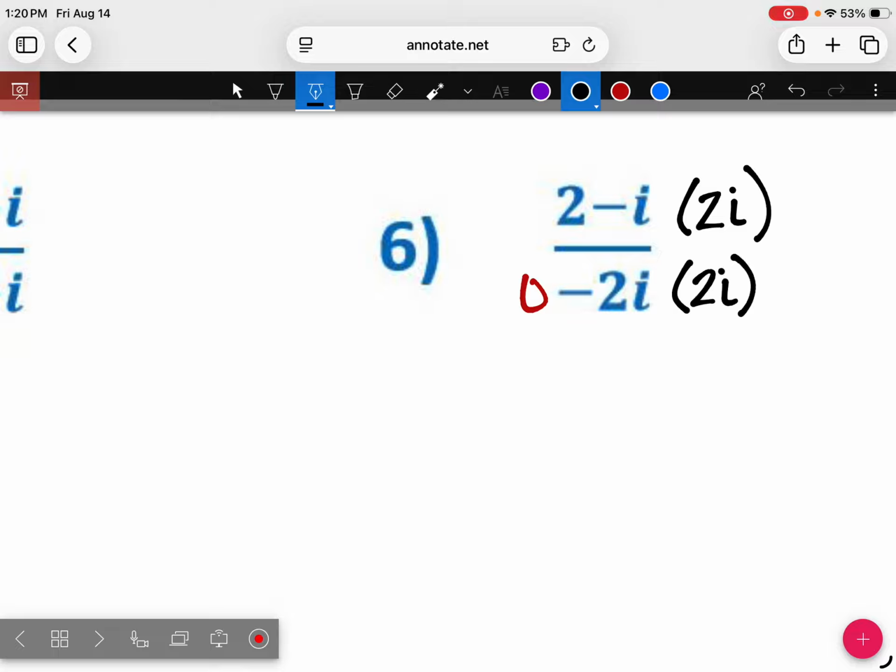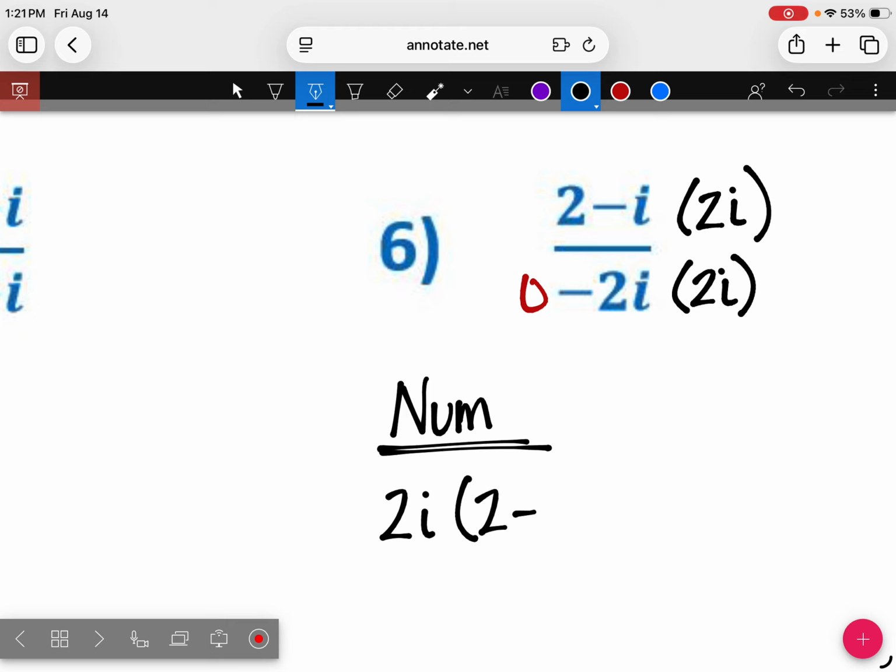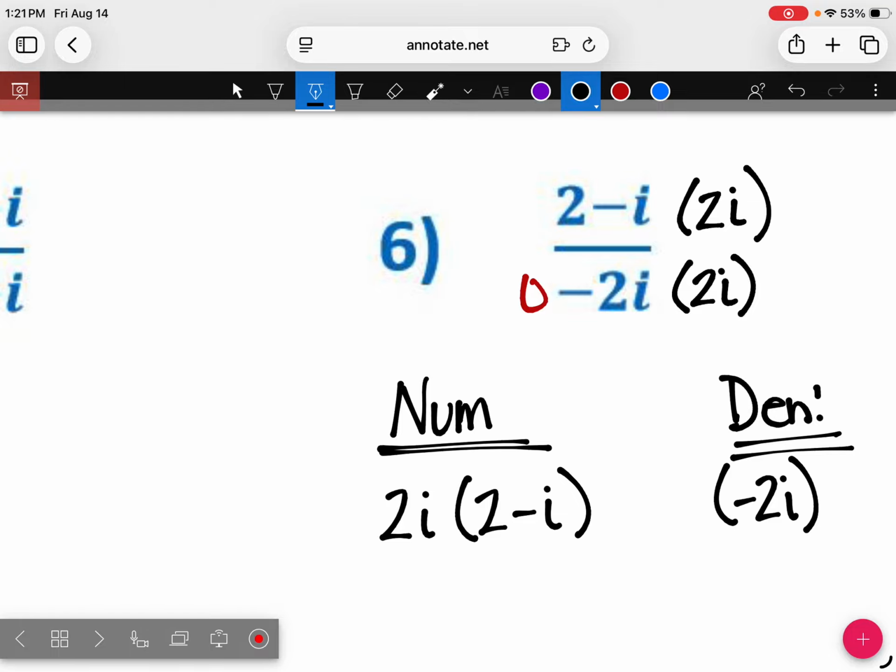We don't need to make a box because this is just one term. So all we're doing here is distributing. I have 2i times 2 minus i. That's my numerator. And in my denominator, I have negative 2i times positive 2i.